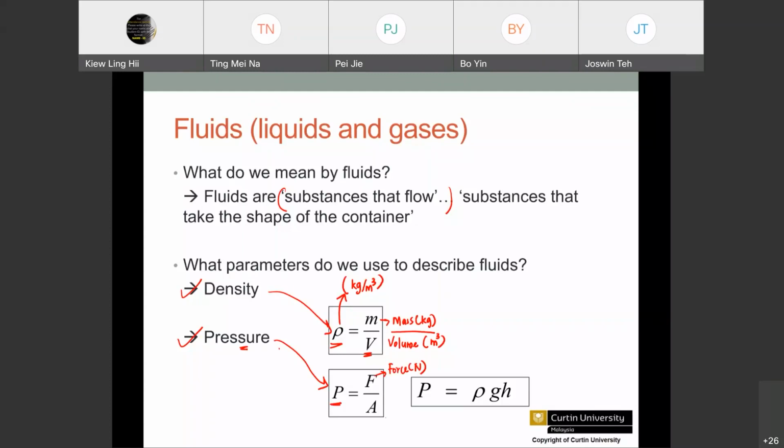A is area, which refers to area of contact. For example, if you are wearing flat shoes and stamp it in contact with the floor, right?